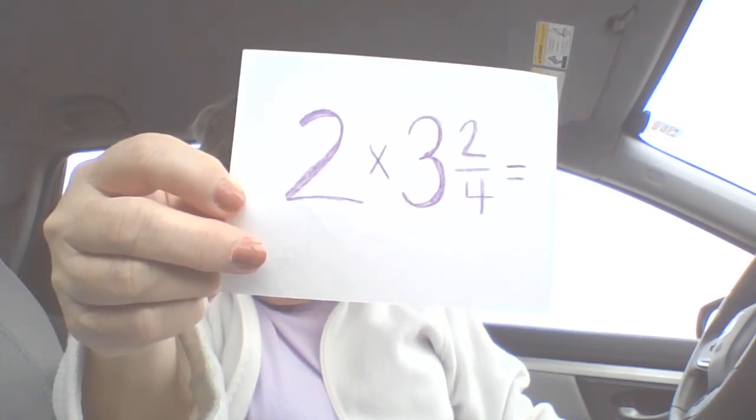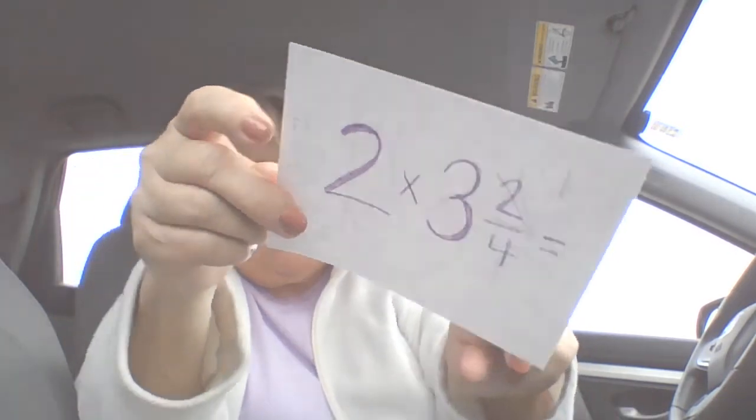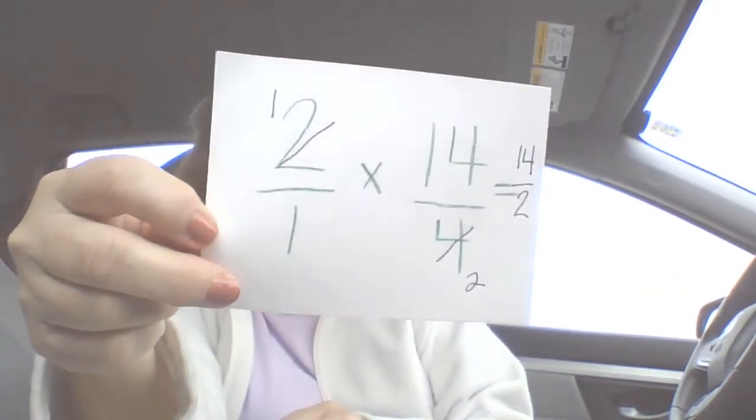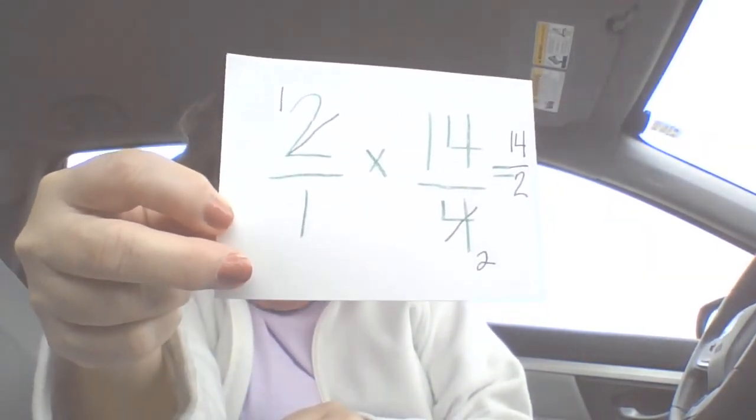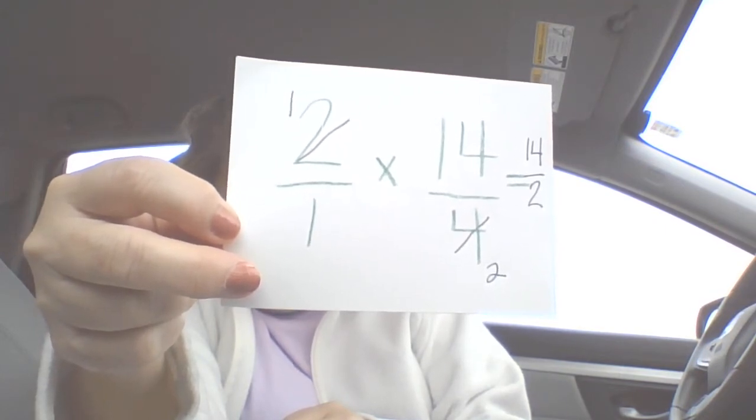Now I can multiply it. I could say 2 over 1 times 14 over 4, but it would be easier if I canceled out, and my problem looked like this. Now I've got 2 goes into 2 one time, 2 goes into 4 two times. I can't do anything with the 1 and the 14.